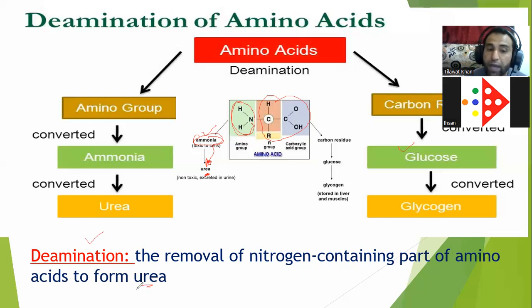You got it? Why does this part need to be removed? Because it is toxic. So the important part is converted by the liver into glucose, while the amino part is converted into ammonia and then urea. And then urea will be removed from your body in the form of urine. Got it? All right.